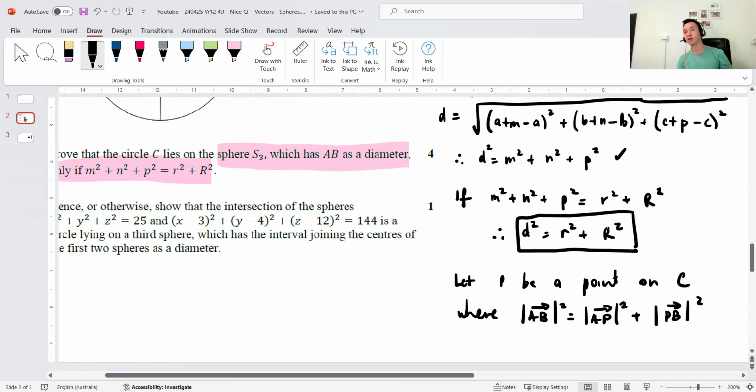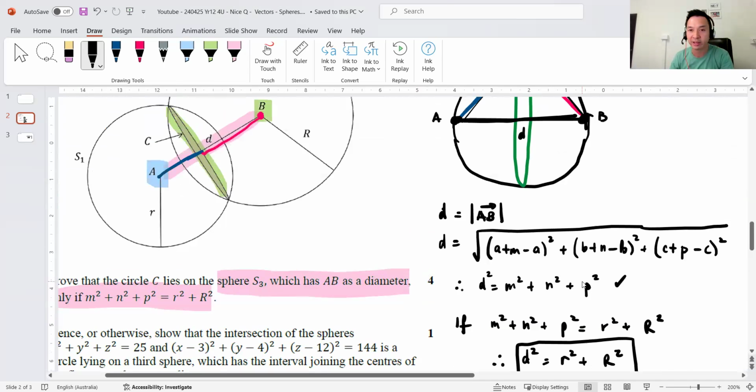Yeah, because I've proven this, therefore I can conclude using Pythagoras' theorem. Now, you can use dot products as well, right? You can demonstrate that the dot product is 0, but let's use Pythagoras, right? Therefore, angle APB equals 90 degrees, right?